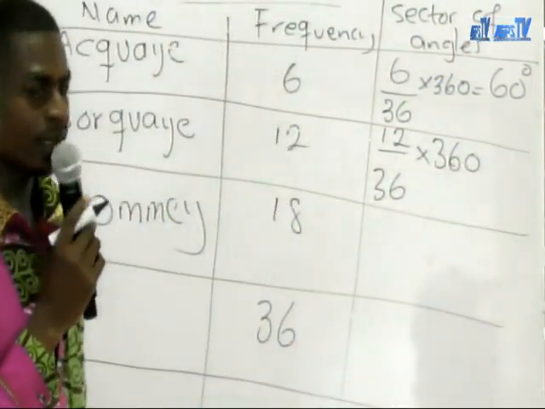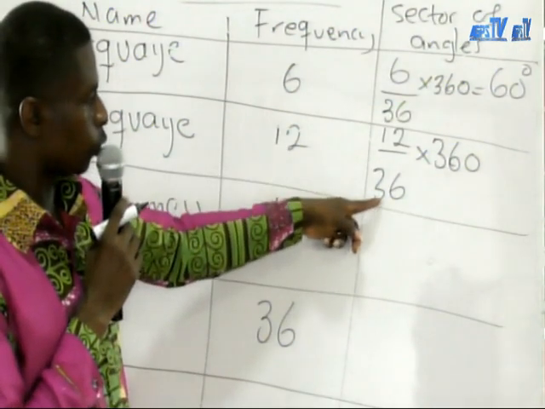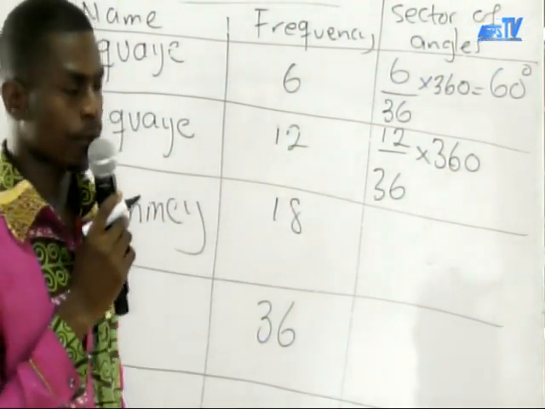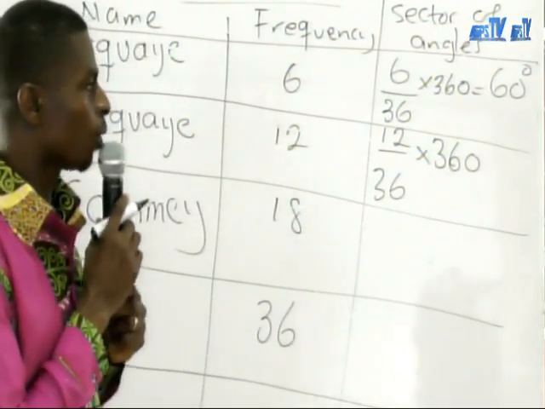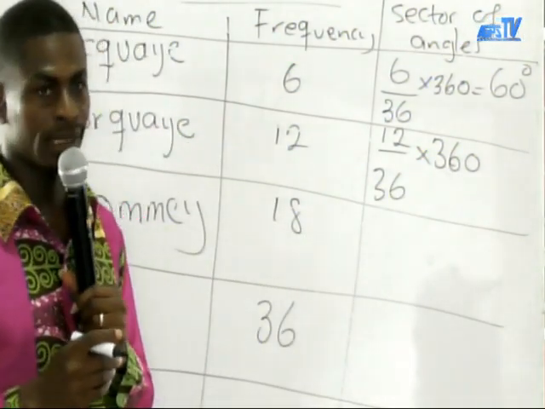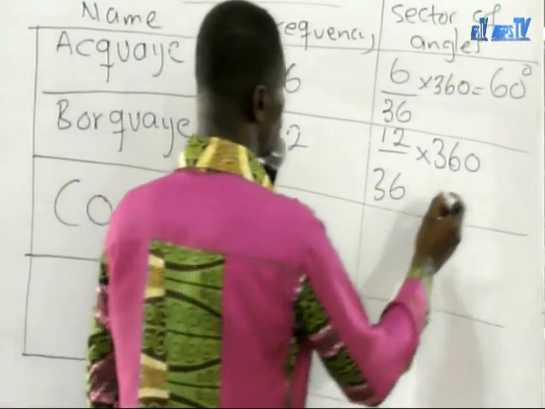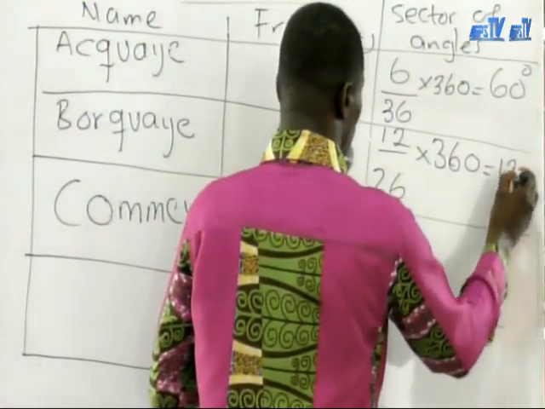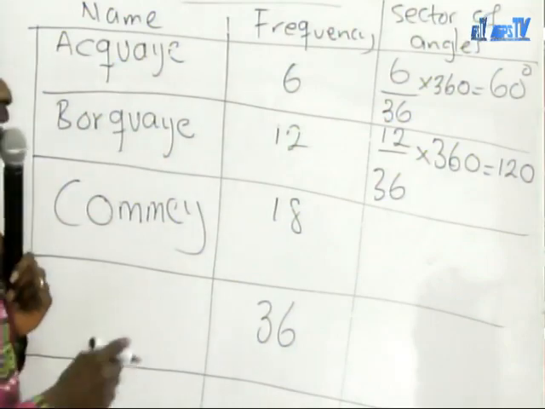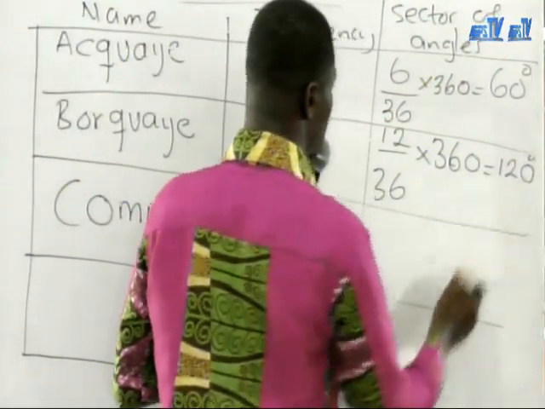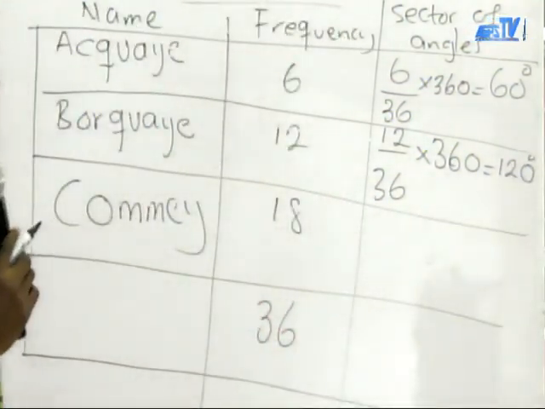Once again, 12 will go into 36, 3, and 3 will go into 360, 120, and so we put 120 there. And then finally, we put our degrees as our unit.